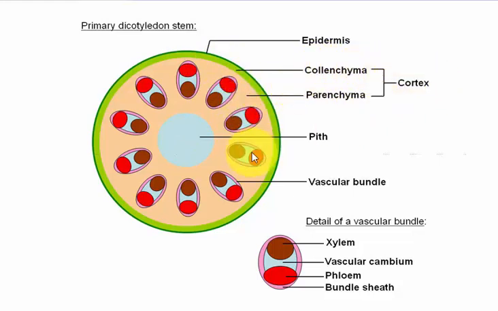The central pith region is a storage area, and the turgid fluid-filled cells of the cortex and the pith offer support to the plant.